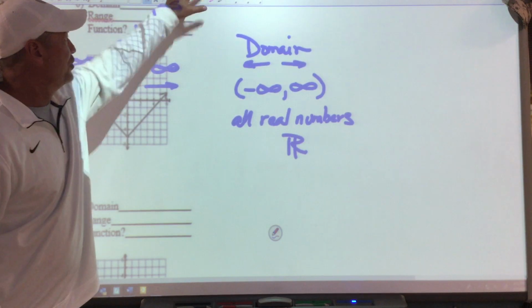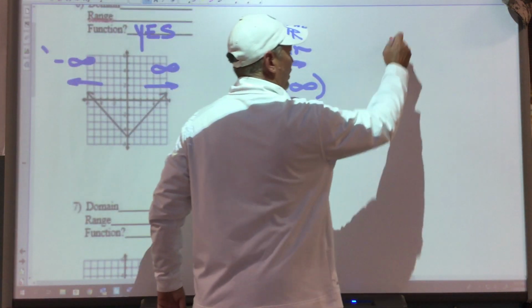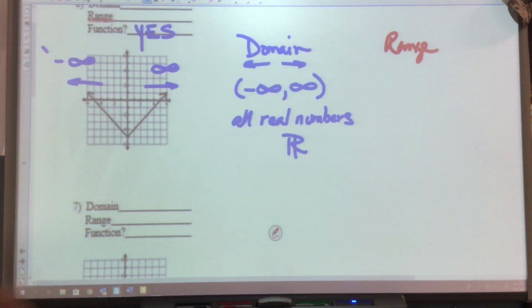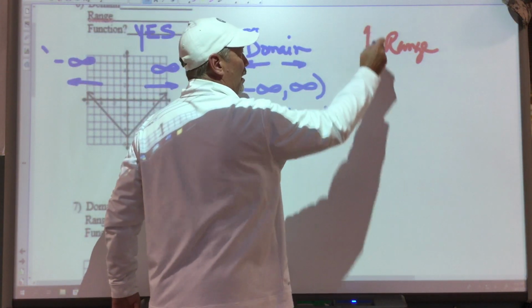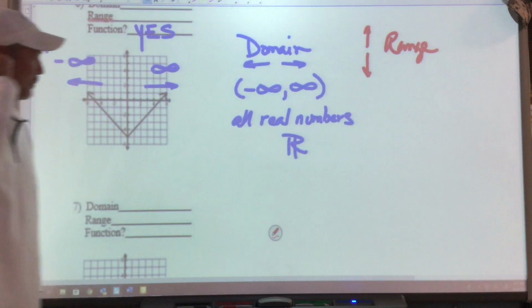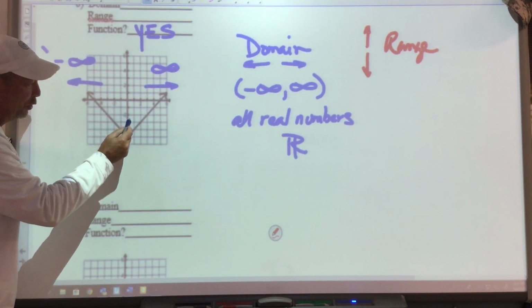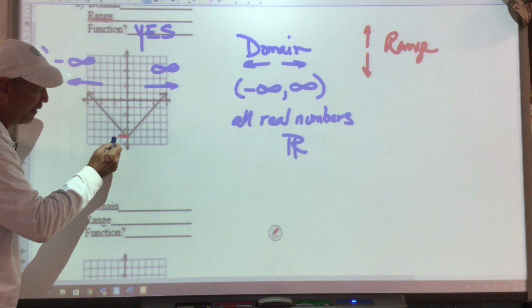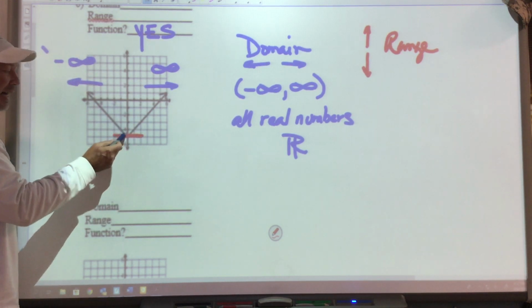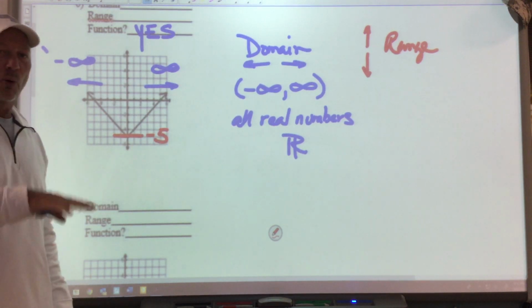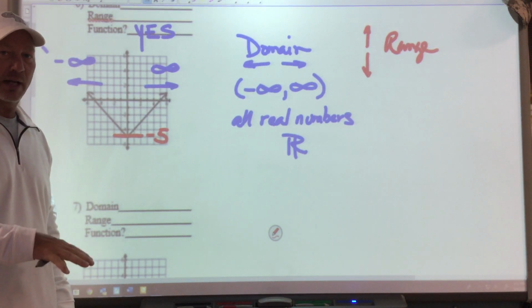As far as range goes, range talks about how high you go and how low you go. Well, I'm right here at negative 1, 2, 3, 4, 5. I make contact. I touch here at negative 5. That's the lowest point of my graph. That's how low I go.